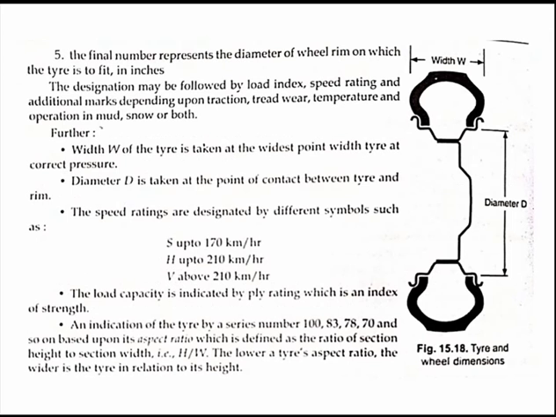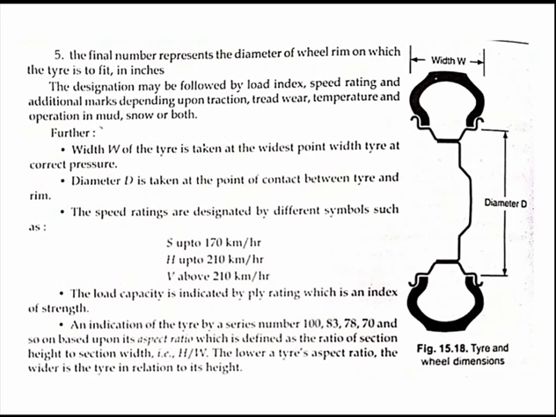So we use the maximum speed of the vehicle. If a vehicle goes up to 170 km per hour, we use S type tire; above 170 and up to 210, H type; and above 210, V type.